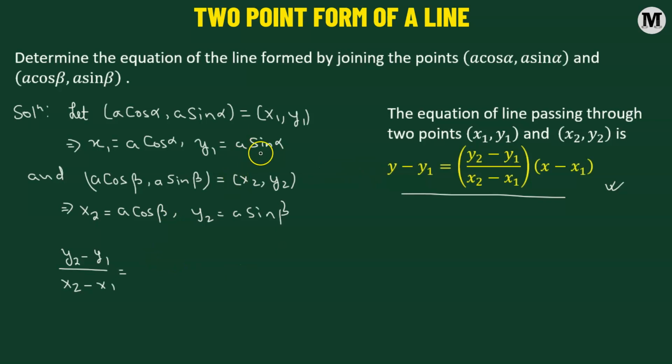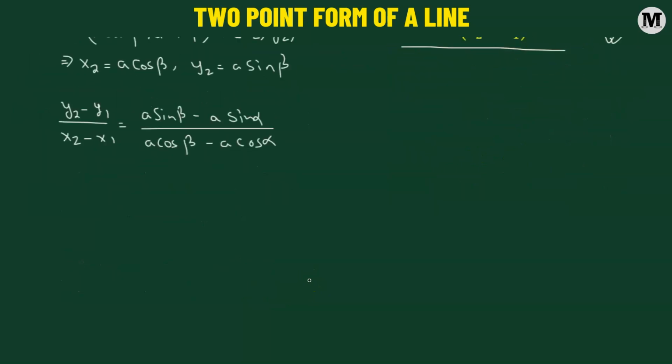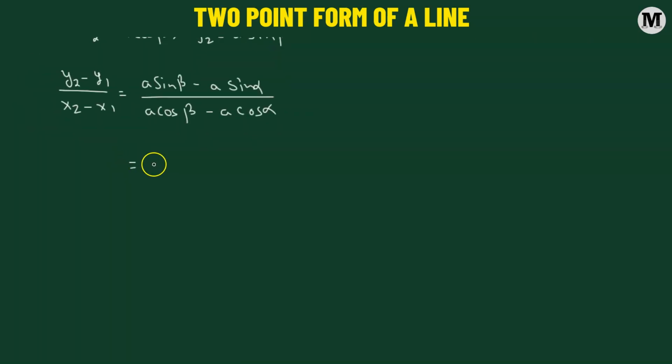So in place of y2 we have a sine beta, minus y1 which is a sine alpha, whole divided by a cosine beta minus a cosine alpha. Further simplification gives us a times sine beta minus sine alpha, whole divided by a times cosine beta minus cosine alpha.